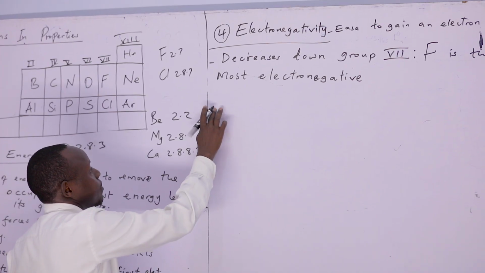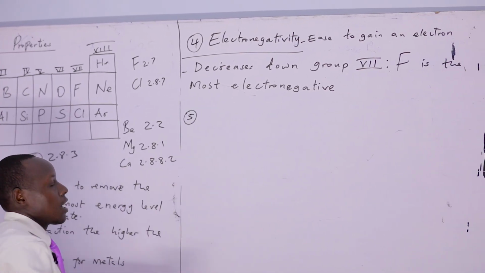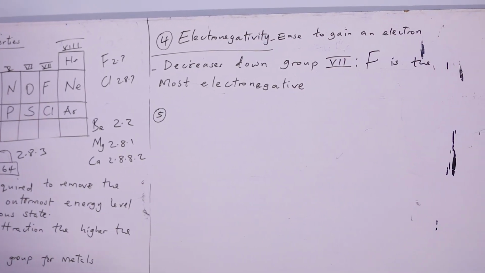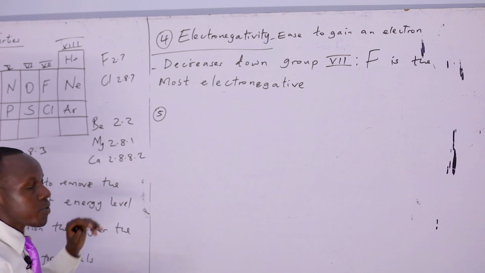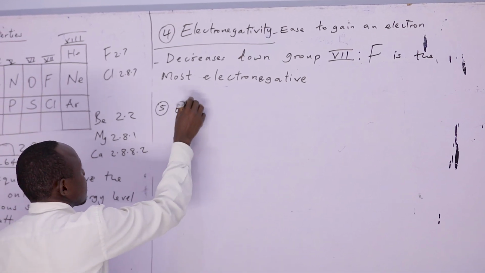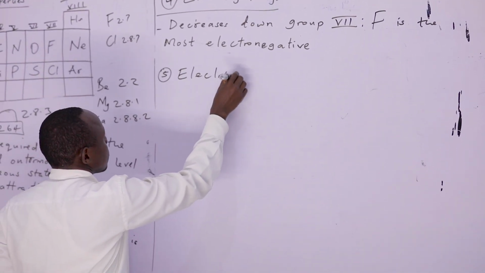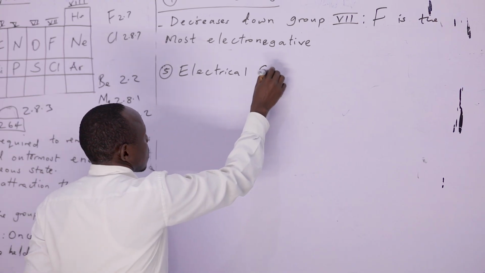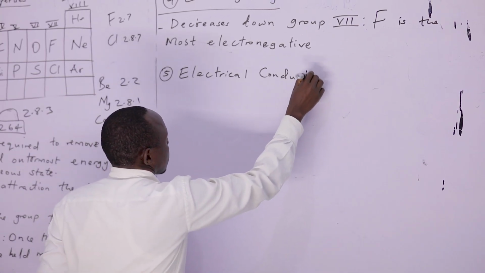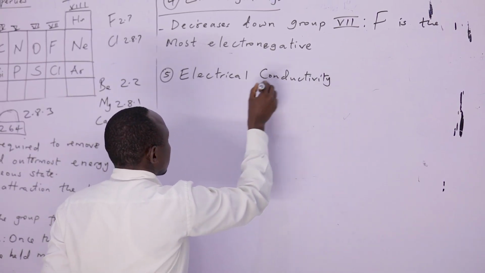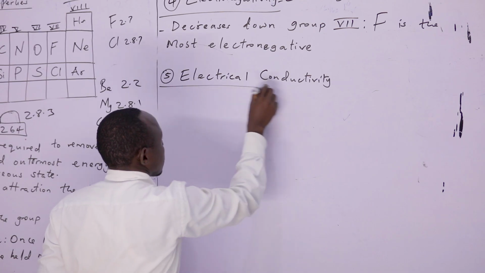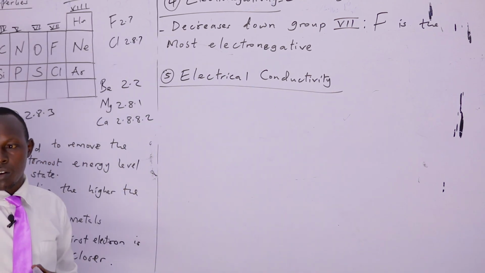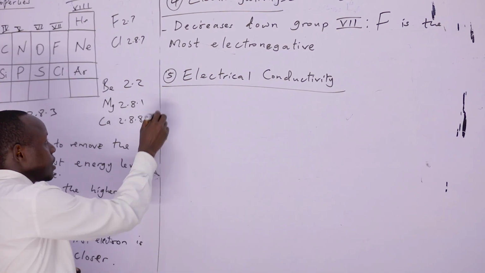Number 5, and almost the last one for today, is electrical conductivity. Just 2 points there.